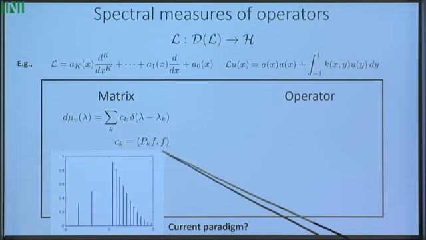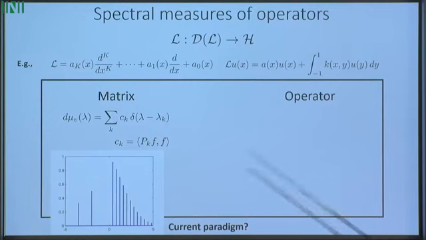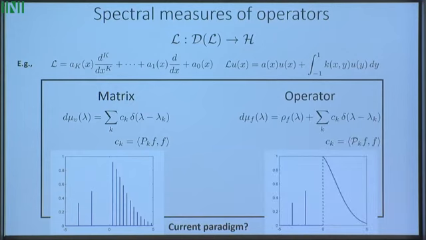And those coefficients are exactly the projection of the vector v onto the corresponding eigenspace. So the kth eigenvalue has a Dirac delta with height that's equal to the projection of the vector v onto that eigenspace.